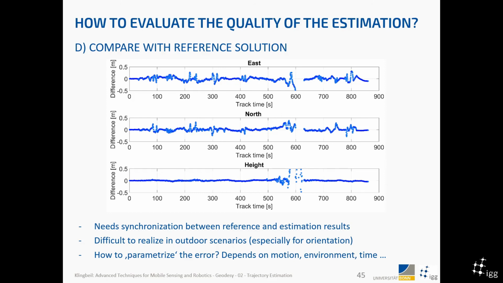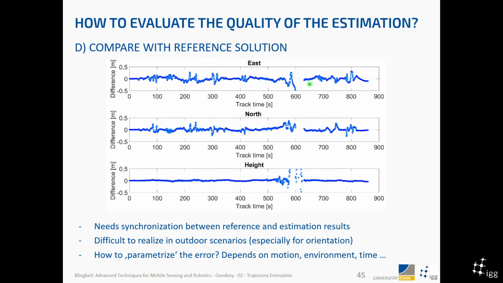So what is another thing? If we not only want to look at the filter, the best thing we probably can do is compare our result with a reference solution. Of course, this is the best type of evaluation that you probably do, but there are several problems with it. The first thing is you need a synchronization between a reference system.